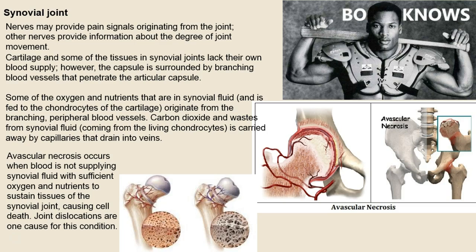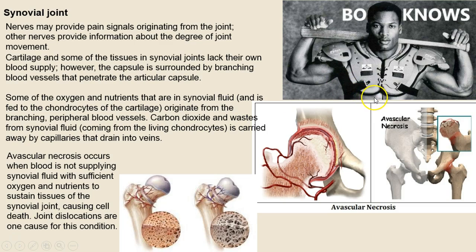Now, I mentioned that cartilage is avascular, has no blood supply of its own, but there's a branching network of peripheral blood vessels that are going to penetrate the articular capsule and provide oxygen and nutrients and phagocytes I mentioned, and also remove carbon dioxide and waste. So this beautiful process occurs unless we have avascular necrosis, which ended the career of Bo Jackson.